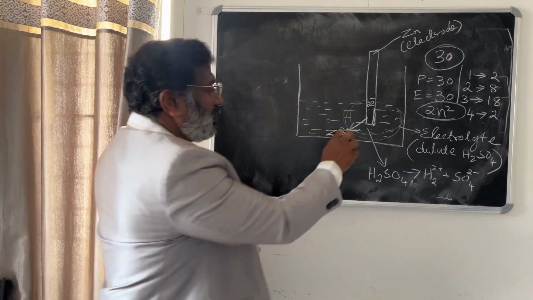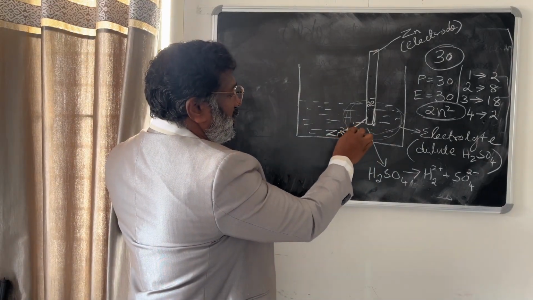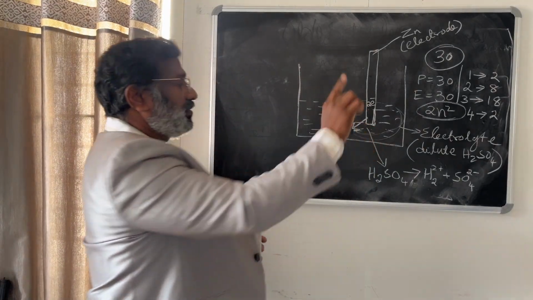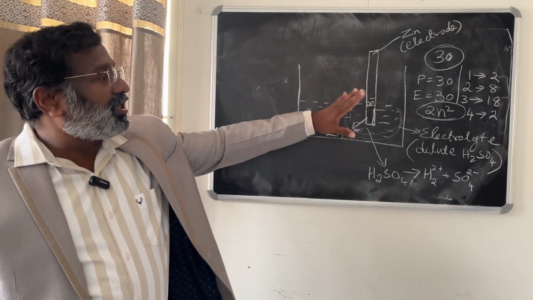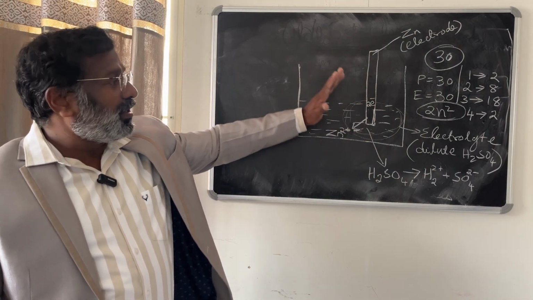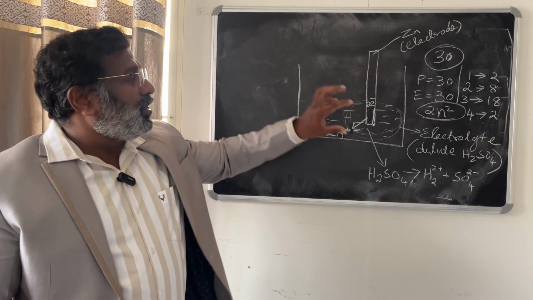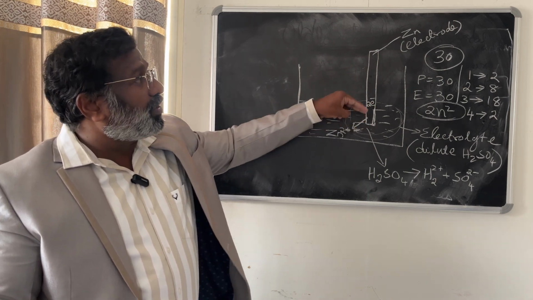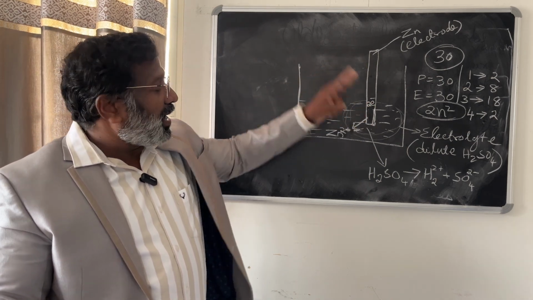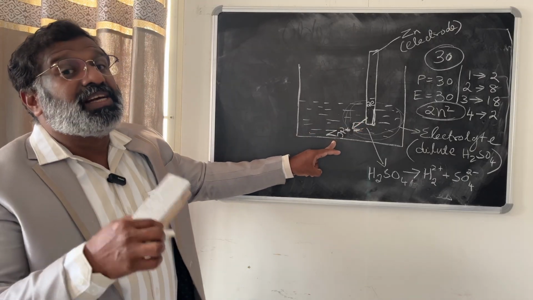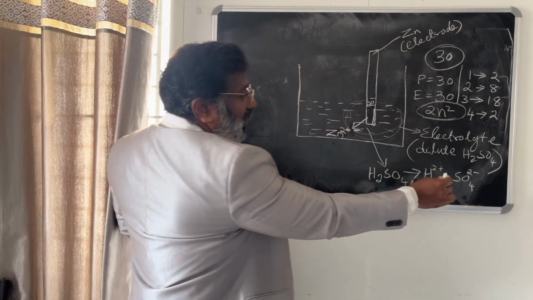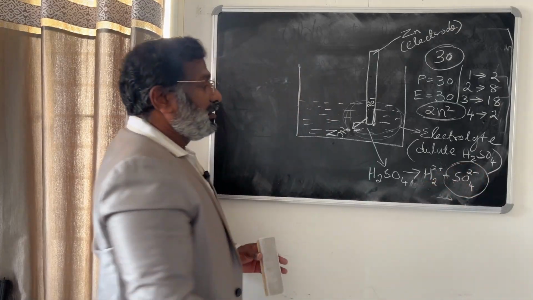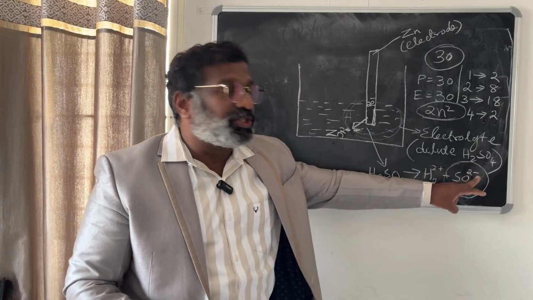Zn2 plus has a shortage of 2 electrons. Both the valence electrons went out as free electrons and are not collected. So the zinc atom leaves 2 electrons within the electrode itself and comes out as a zinc ion to the electrolyte. In the electrolyte we already have the sulfate ion, which has 2 excess electrons.